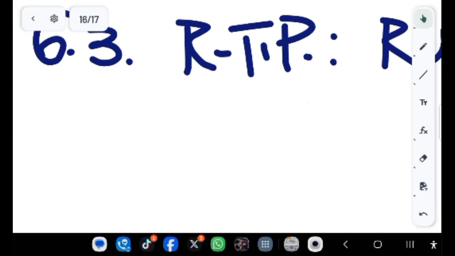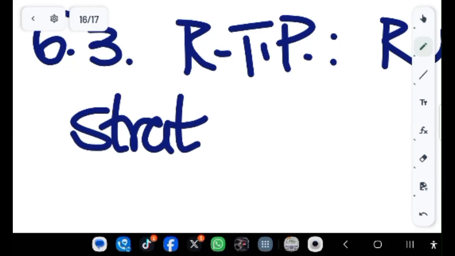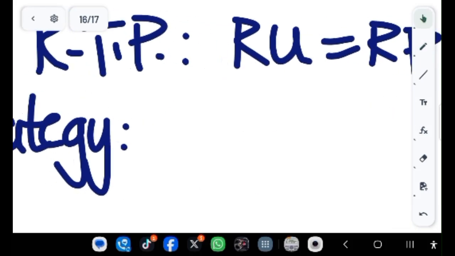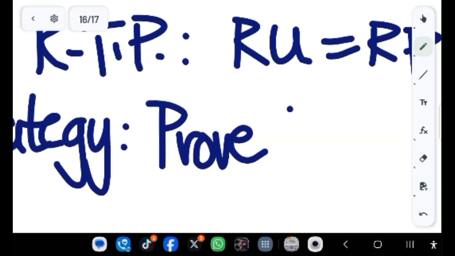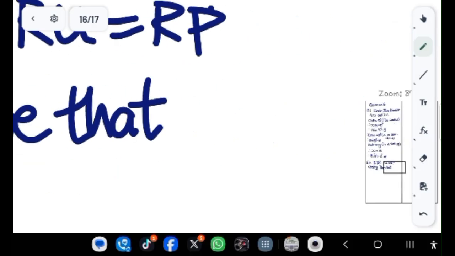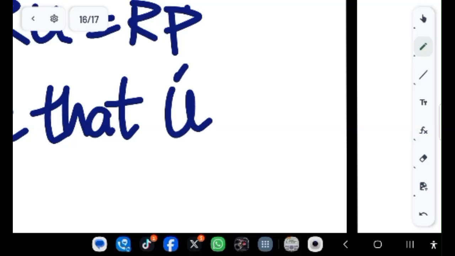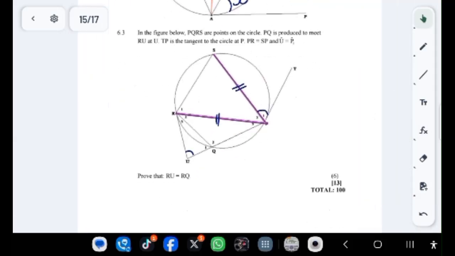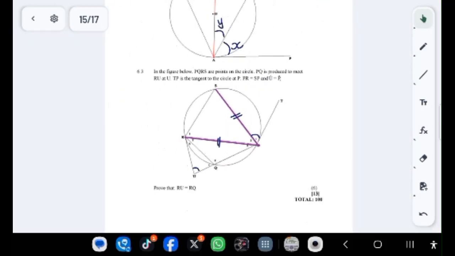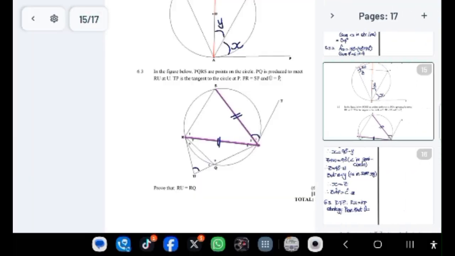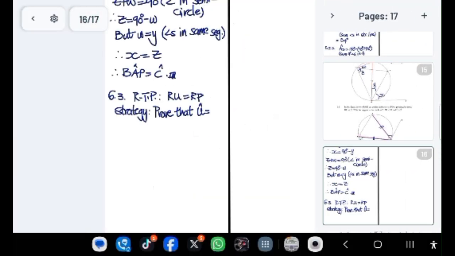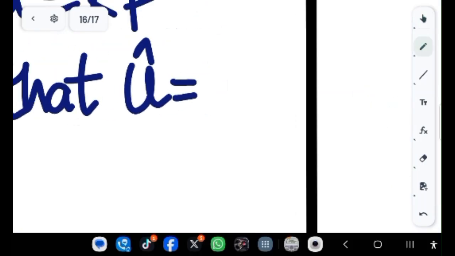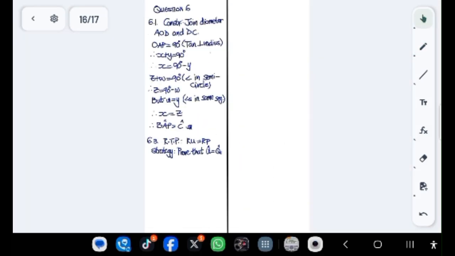Strategy: prove that the angles are equal, that angle U equals angle Q1. That's the strategy. How do we do that is the question. All right, let's go back.